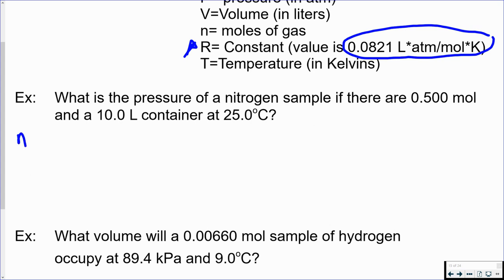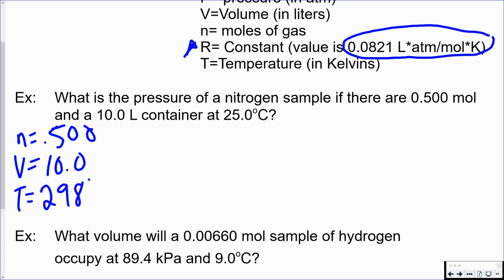So we have n equal to 0.500, V is equal to 10.0, and then T needs to be 298 Kelvin. I got 298 Kelvin by adding 25 to 273. Our R value is 0.0821, and we're going to plug that in.